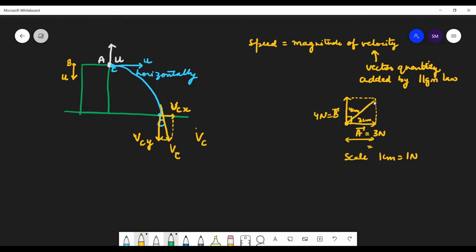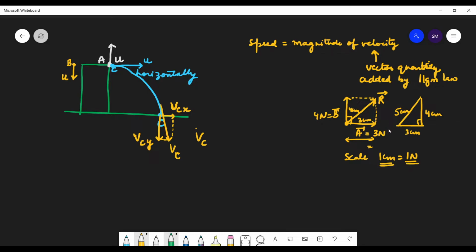Now the length of this diagonal is the vector sum of 3 Newton and 4 Newton forces. So this is the resultant vector R. This is 4 centimeter, this is 3 centimeter. So what will be the length of this hypotenuse? 5 centimeter.